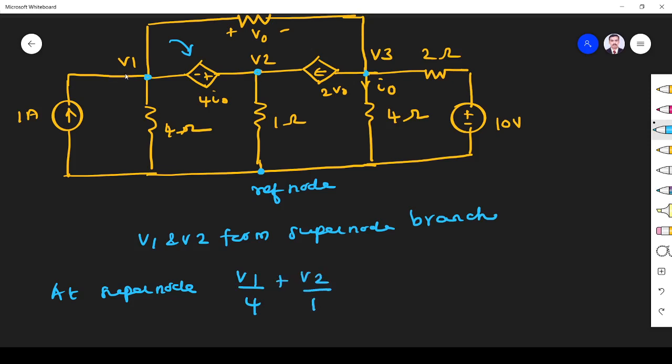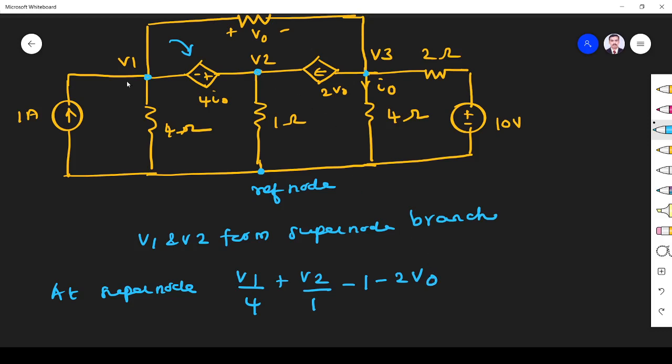Here the incoming current at V1 is plus 1, so V1 by 4, so incoming is minus 1. Here at V2 it is 2V0, again a current; you see the arrow mark is a dependent current source, so it is minus 2V0, right?